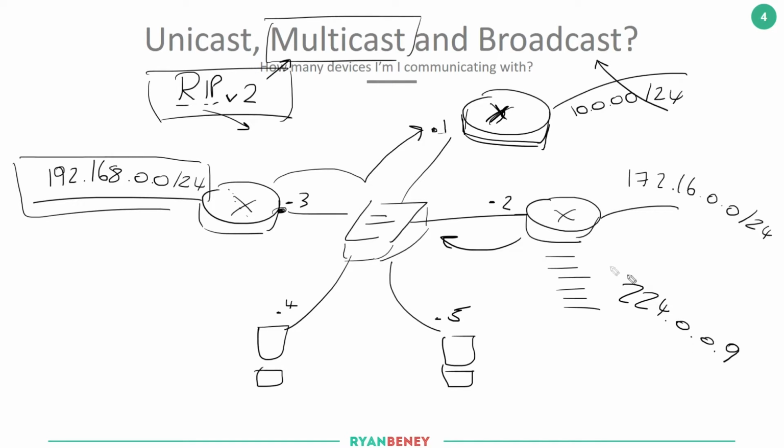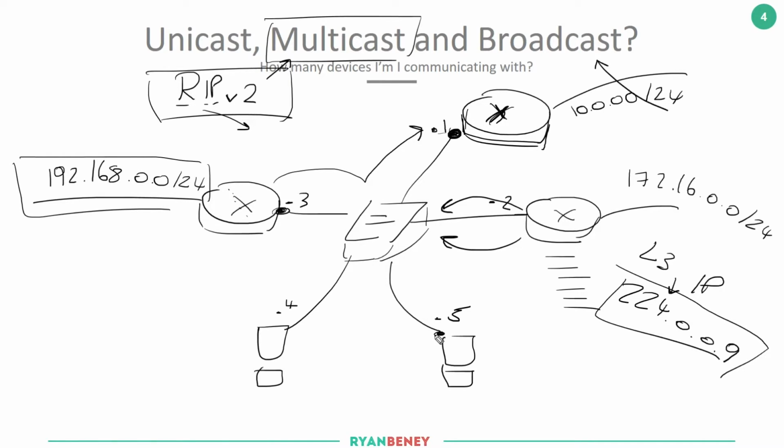224.0.0.9. And that's a layer 3 IP address. When it comes out onto the wire, this router and this router will be listening for packets destined to this IP. When those packets come in, the information will be interpreted and learned.